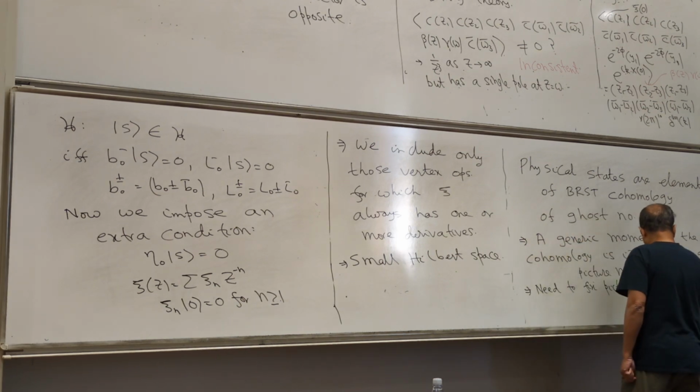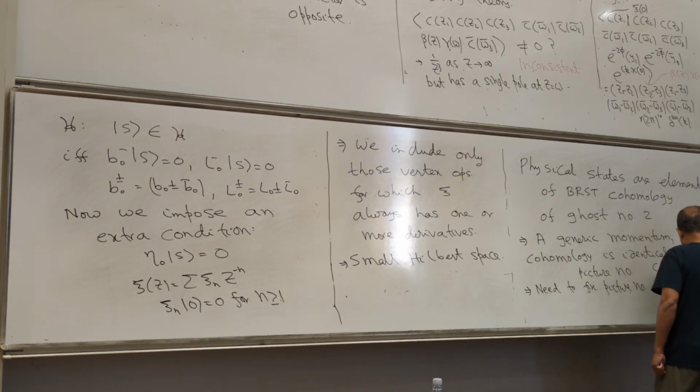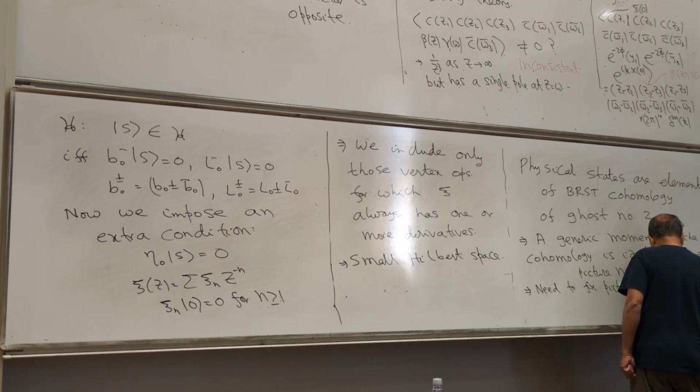And the canonical choice is -1 in NS and -1/2 in Ramond.